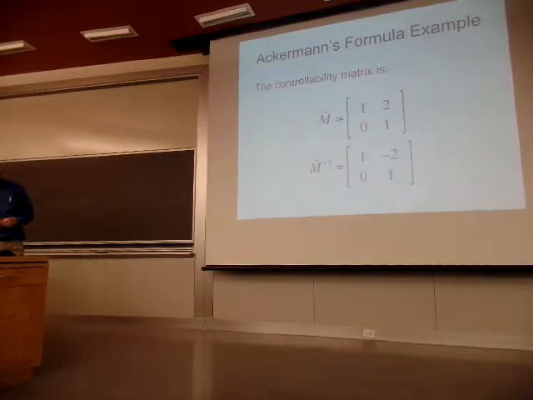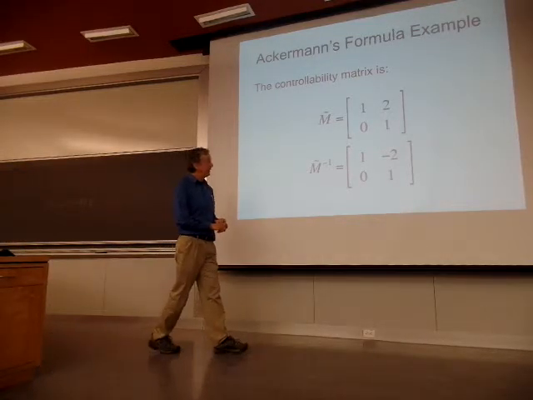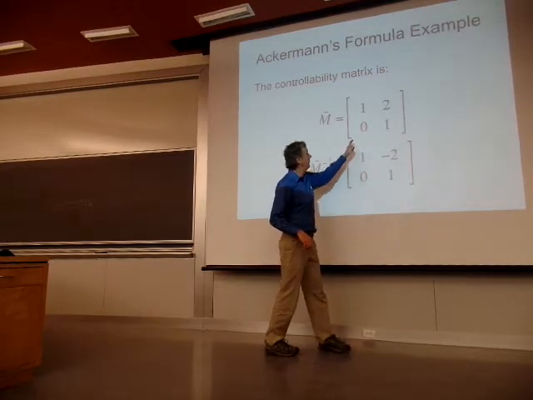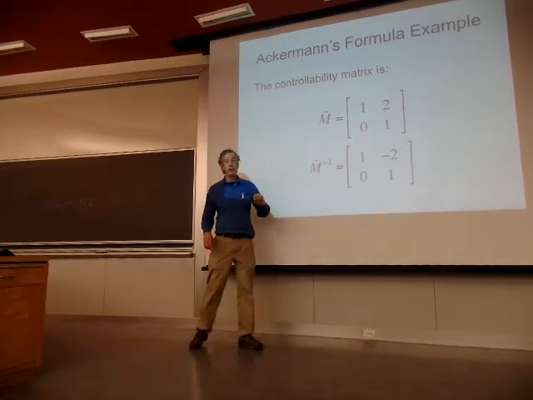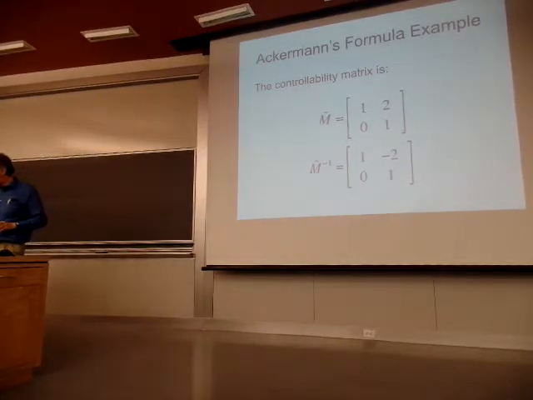Okay. The controllability matrix, and that's B and B times A. I need the inverse of it for Ackermann's formula, so take my 2 by 2 and invert it. All comes out really nicely now.